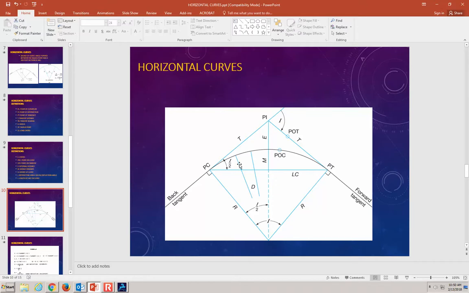Absolutely. So the PC and the PT can be used interchangeably. It just depends on the travel, right? So if we look at this example, my back tangent is where I am. My forward tangent is where I'm going. Think of it that way, okay? So I'm sitting here, I'm going to travel through the curve like this. That's my back tangent. What's behind me is the back tangent. What's ahead of me is the forward tangent.